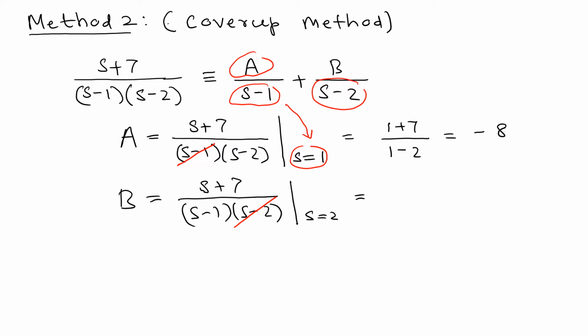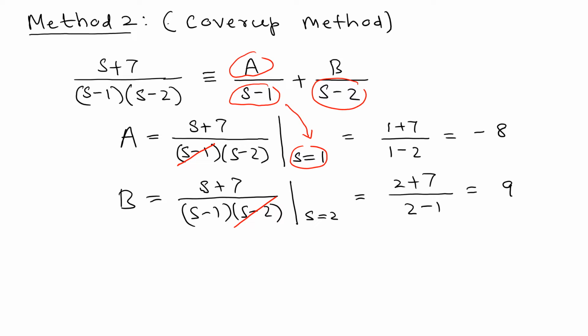That means it is going to be 2 plus 7 over 2 minus 1, which gives you 9 over 1, which is 9. So that's the idea, and you can see it's a very simple idea that can save time. You can directly find the values using the coverup method.